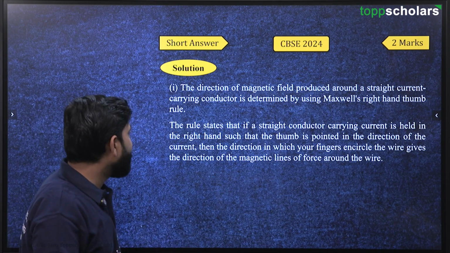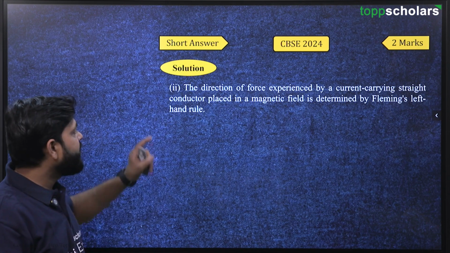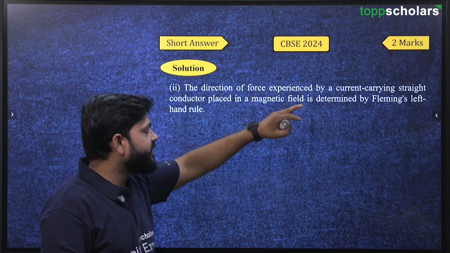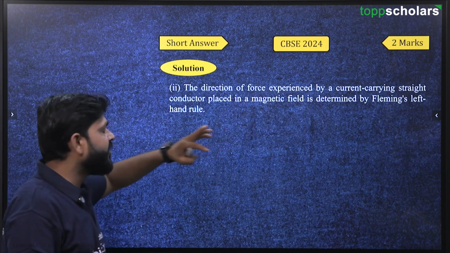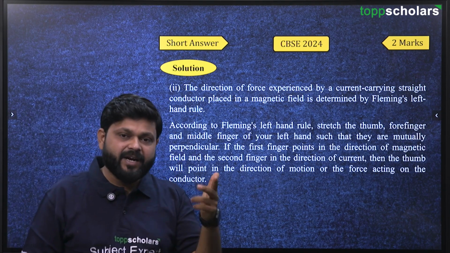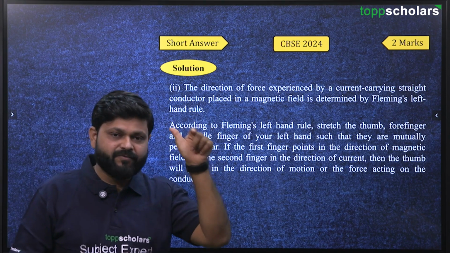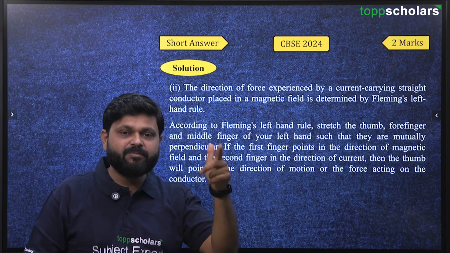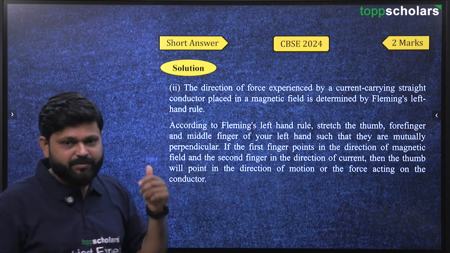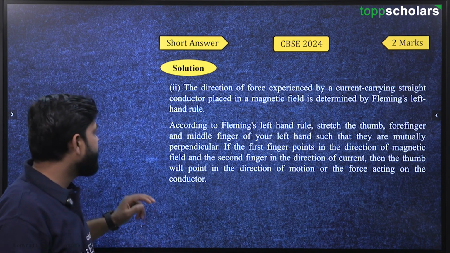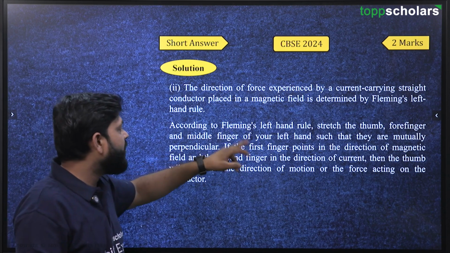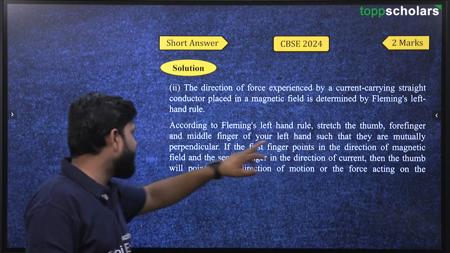Now the second part: the direction of force experienced by the current carrying straight conductor placed in the magnetic field is determined by Fleming's left hand rule. So what is Fleming's left hand rule? According to Fleming's left hand rule, stretch the thumb, forefinger and middle finger of your left hand such that they are mutually perpendicular to each other.